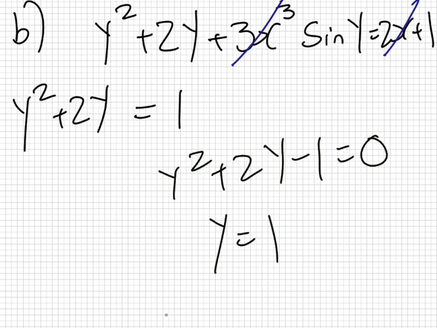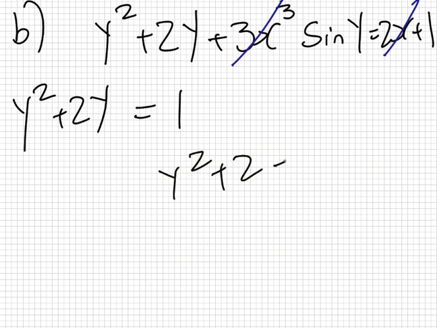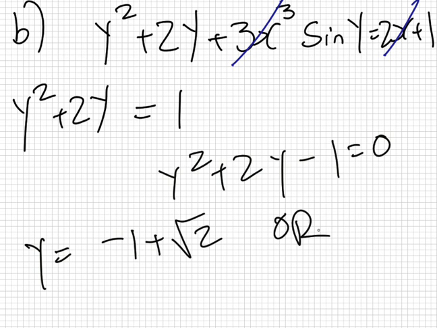Sorry, what are the two answers here? I have to use the formula, don't you? Minus 1 plus 2. So what are the two answers? Y equals minus 1 plus root 2, or minus 1 minus root 2.